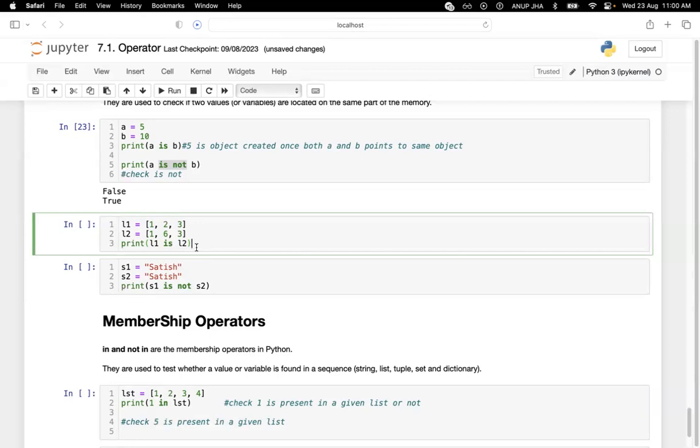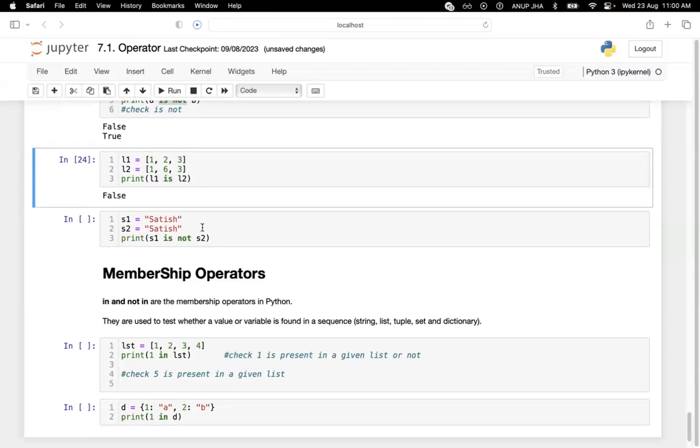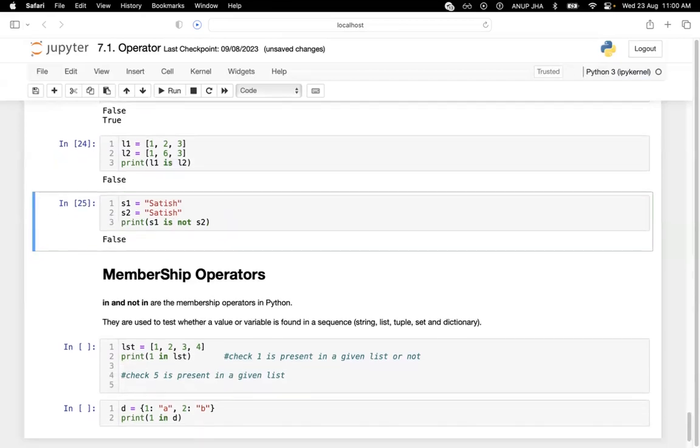False. What shall I get here when I'm writing S1 is equal to Satish, S2 is equal to Satish, and S1 is not S2? False.